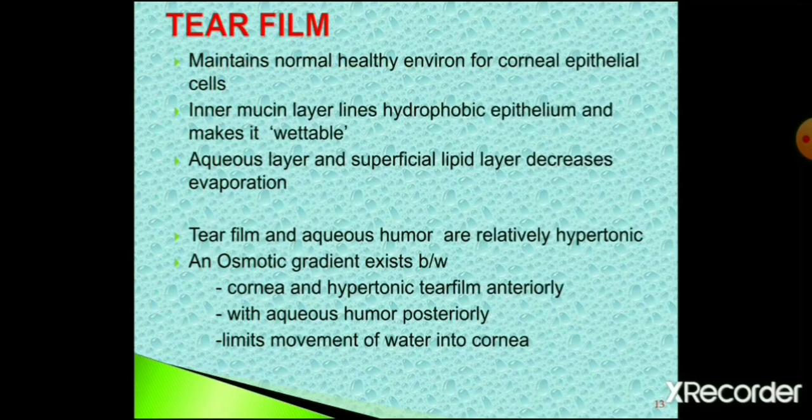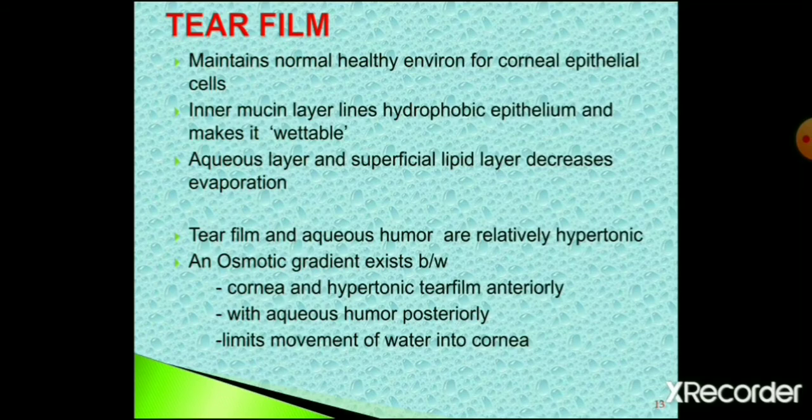Now what is the function of the tear film in maintaining transparency? It maintains a normal healthy environment for the corneal epithelial cells, which are uniformly covered by the tear film. The inner mucin layer lines the hydrophobic epithelium and makes it wettable.